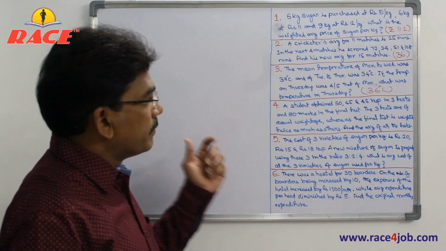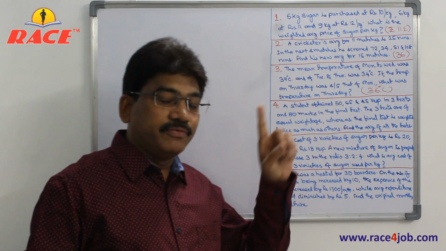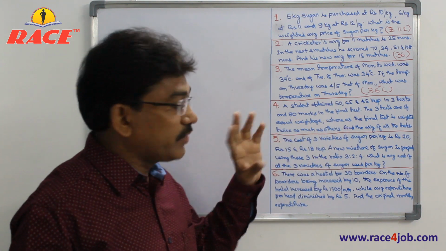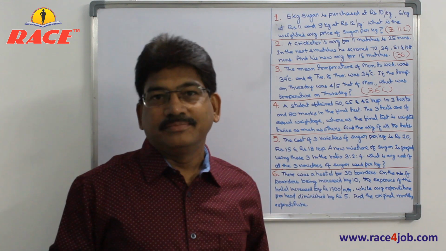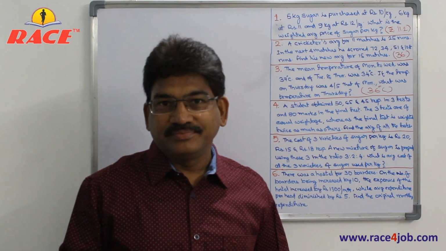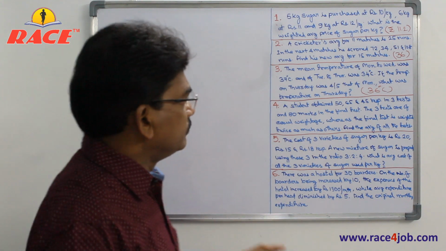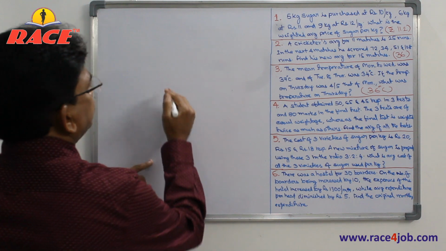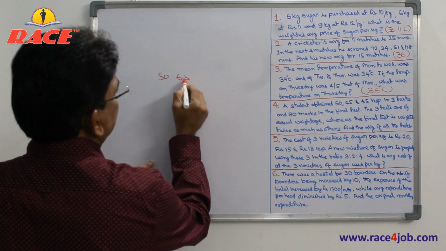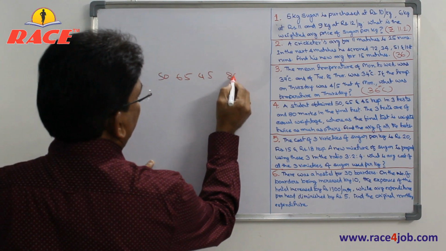So you take the fourth subject as 2. That means 3 plus 2, 5 subjects. That is how you get the average. Conventional approach.